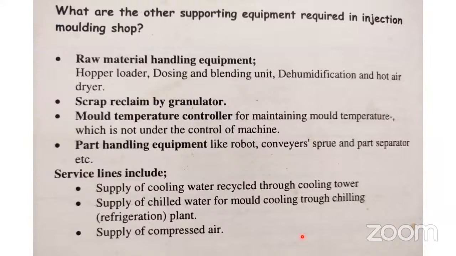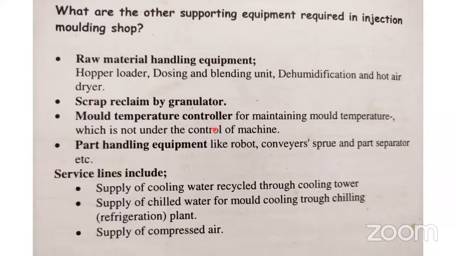Friend, what are the other supporting equipments required in an injection molding shop? Raw material handling equipment, hopper loader that you have seen, dosing and blending unit, dehumidifier, hot air dryer, granulator, mold temperature control.